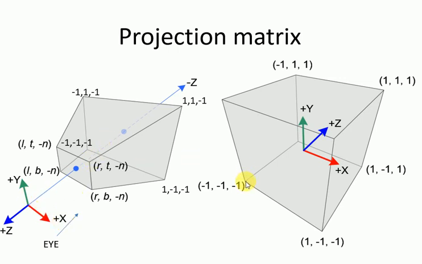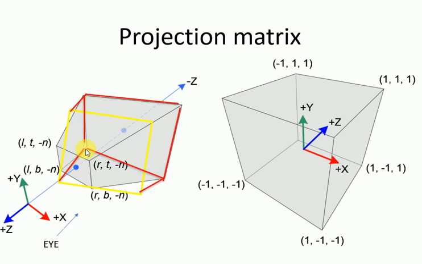Now the vertex -1, -1, -1 is projected in this form. The -1 is the left part, and it comes here, and the cube that is formed, you can see here.